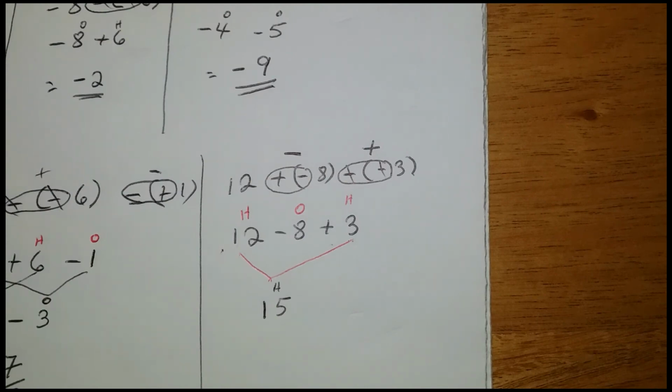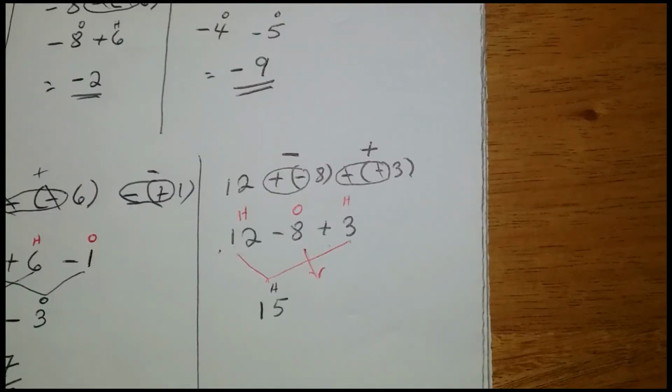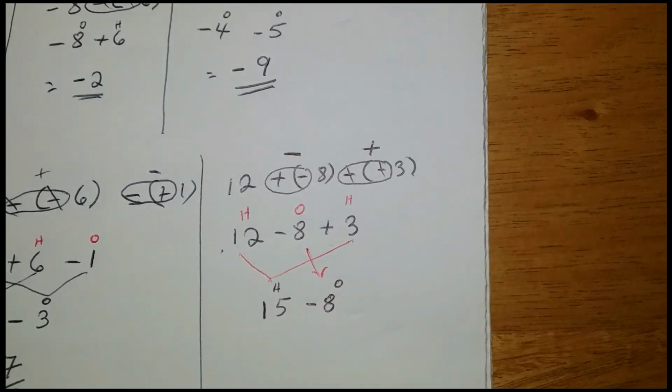It's only one amount that I owe, which is the 8. So I only owe $8, right? Now if I owe $8 and I have $15, that's good. Can I pay back the $8? Of course, I can pay back the $8.